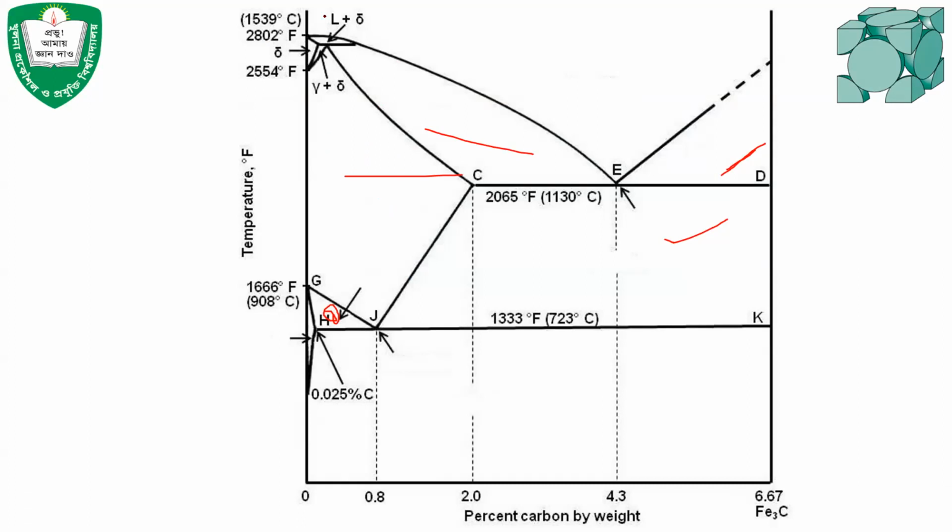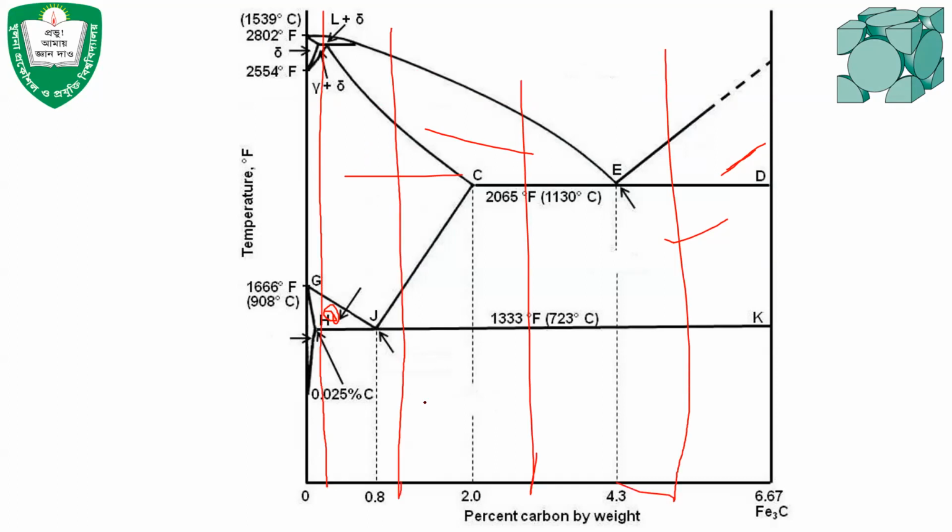For example, if we consider a steel at this point, another steel at this point, another steel, various percentages of carbon, we will study how the microstructural evolution occurs and how you can modify the properties. We will be studying that in the next slides.